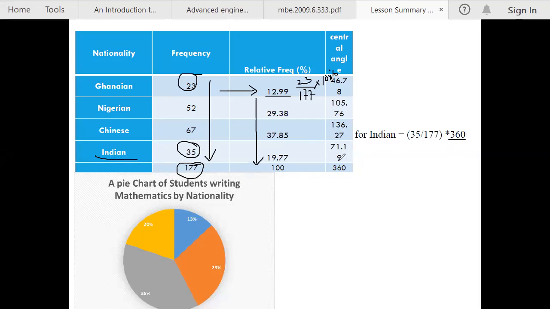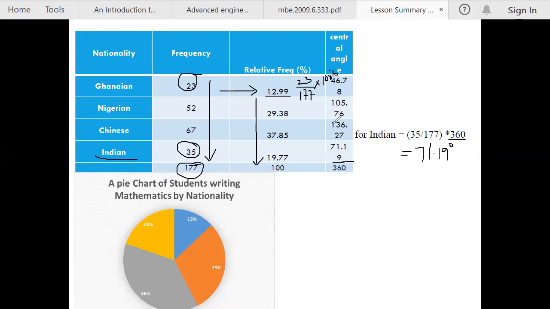When you do that calculation, that should give you 71.19 degrees, as shown here.